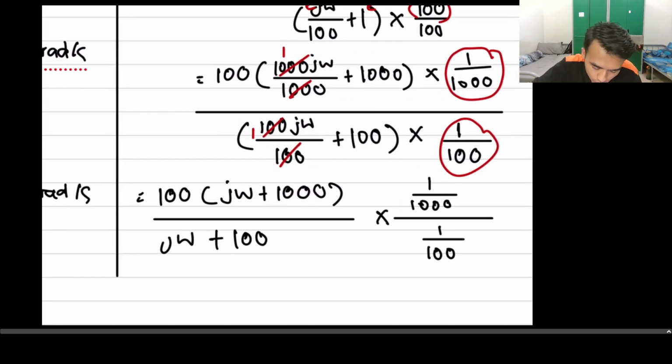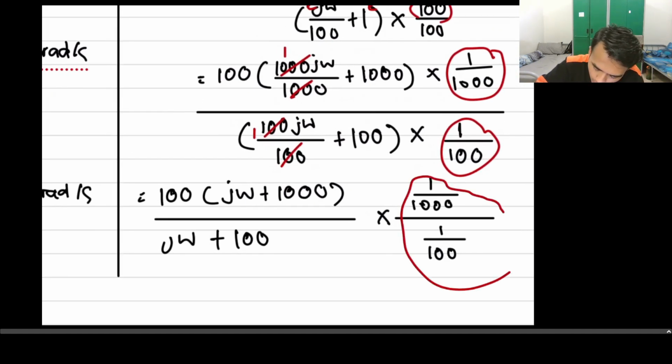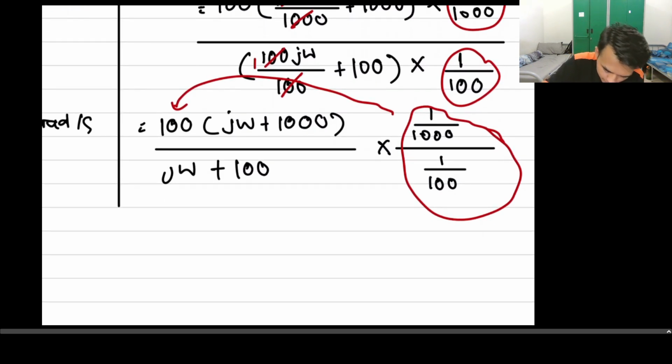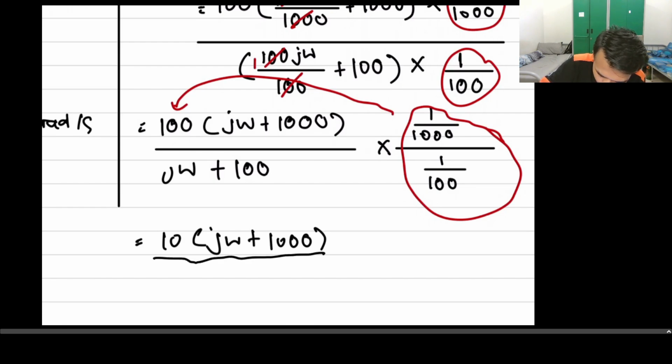So this value must be multiplied with the 100 here. Therefore, it will become 10. So 10 times (jω + 1000) divided by (jω + 100).